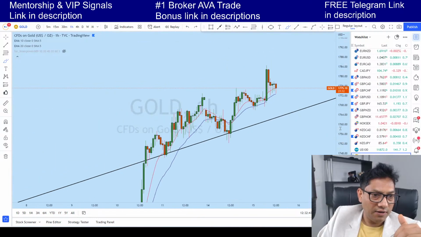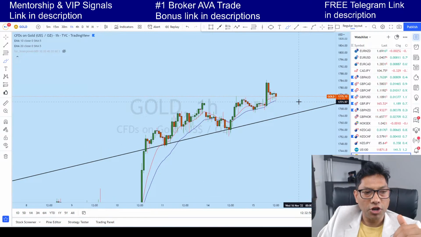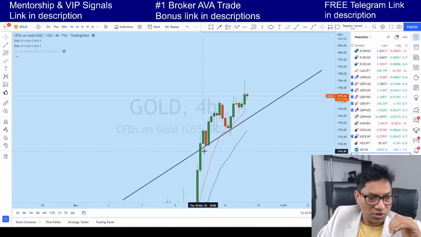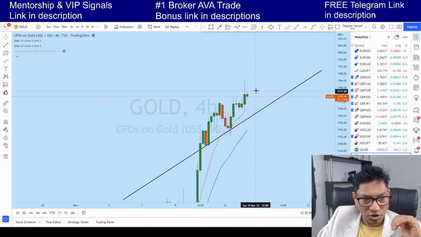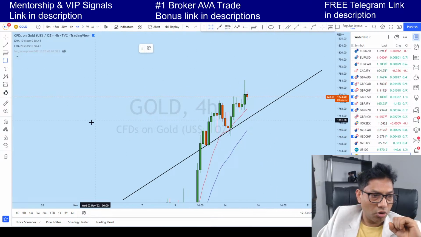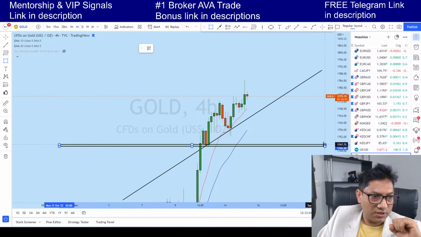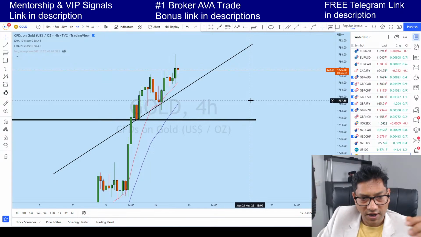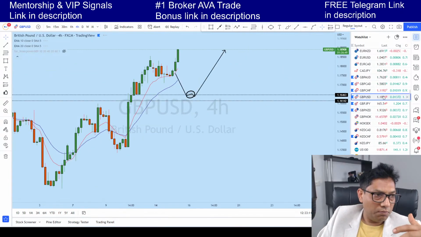So this trend line is very important on gold. As soon as you see the price create bullish price action on this trend line, we'll be considering going long along this strong trend line, and this level is very, very important. So let's see how gold reacts with that, along with British pound US dollar.